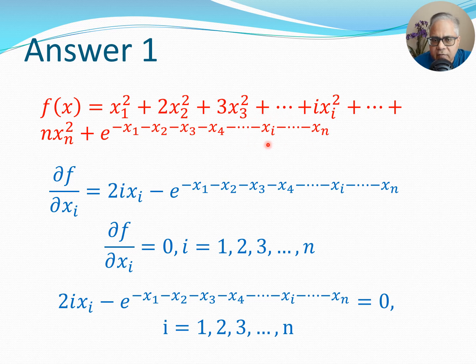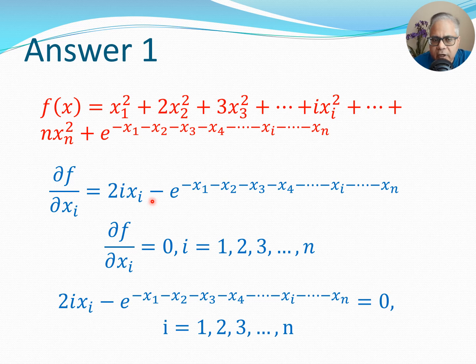Similarly, there is a negative xi term here. So when we take df by dxi, that simply becomes 2i xi. So we differentiate this term here. So we get the 2i xi because the derivative of xi square is 2xi.